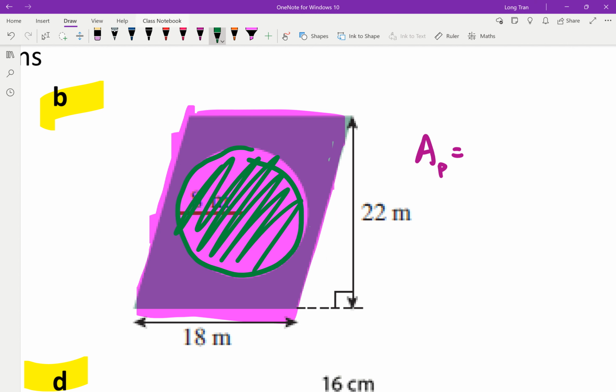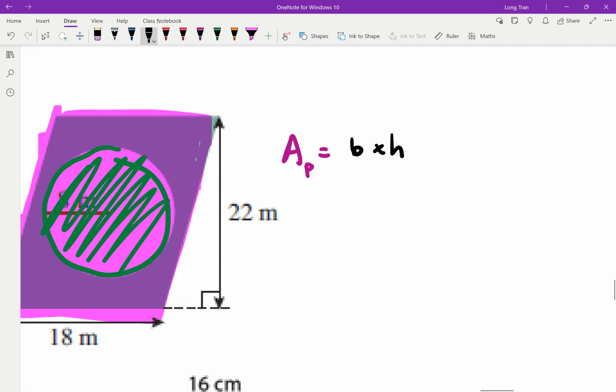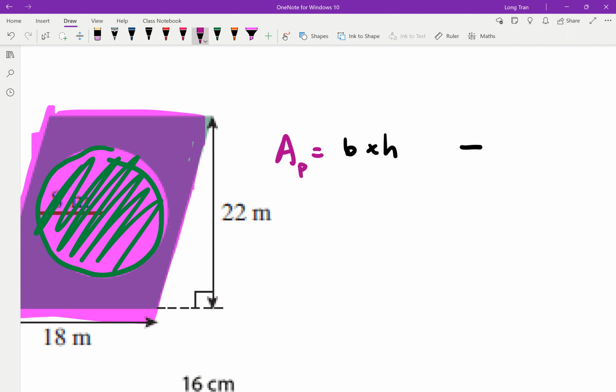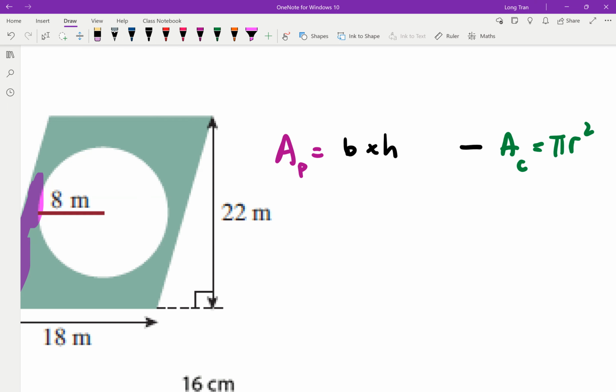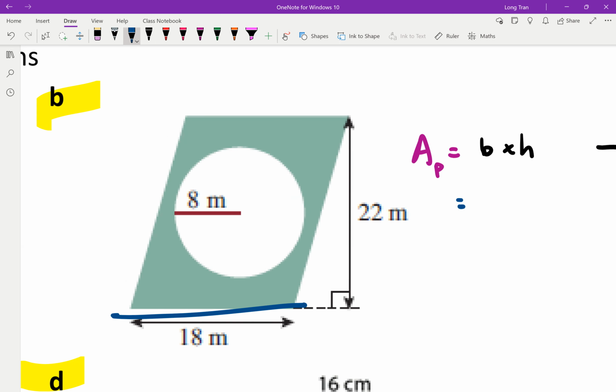So again, area of parallelogram is base times height. You need to minus then the area of a circle, AC. What's the area of a circle formula? Pi times radius squared. So if you fill it all in now, can you see area of parallelogram base was 18 times by the perpendicular height. It's always times it by the perpendicular height. See, that's 90 degrees there. So 18 by 22.